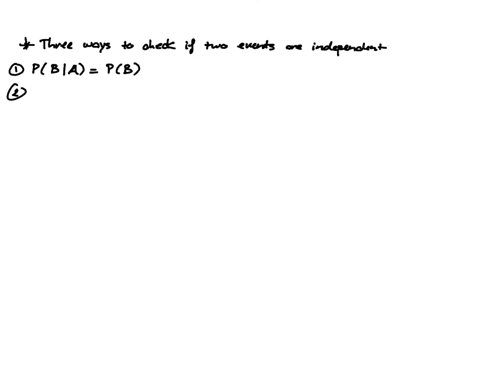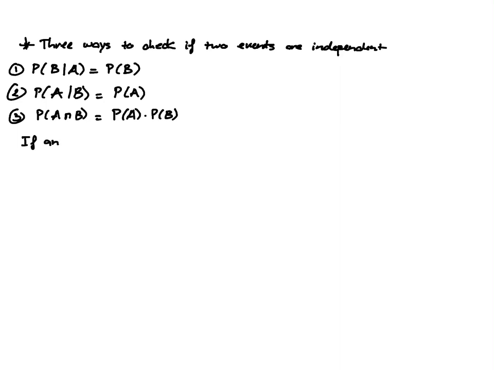Or you can find the probability of A given B and compare that with P(A). Or you can find the probability of the intersection of A and B and then compare that with the product of P(A) and P(B). The idea is if any of these is true, then A and B are independent.